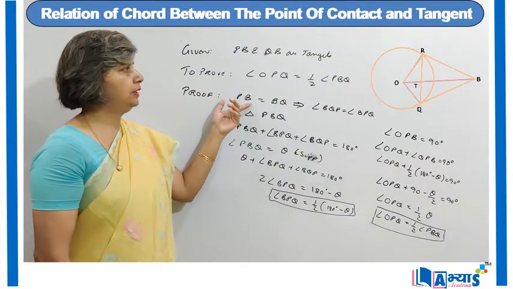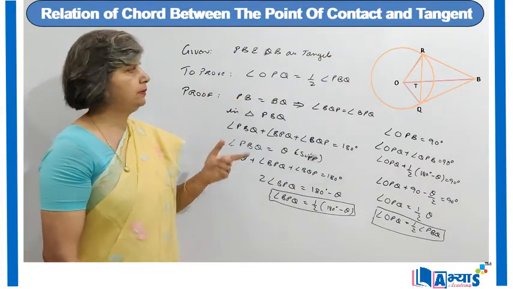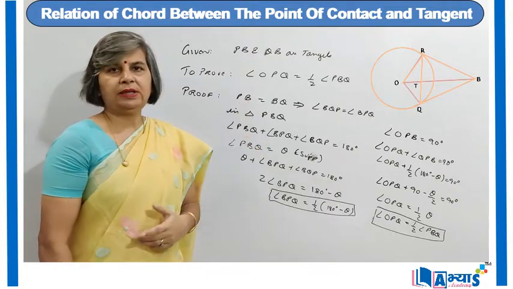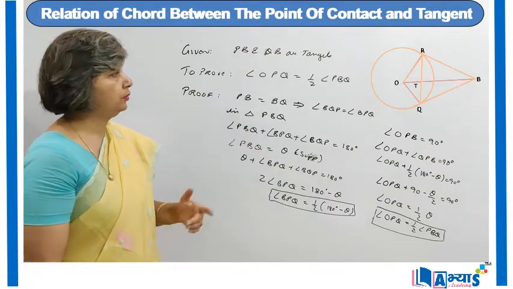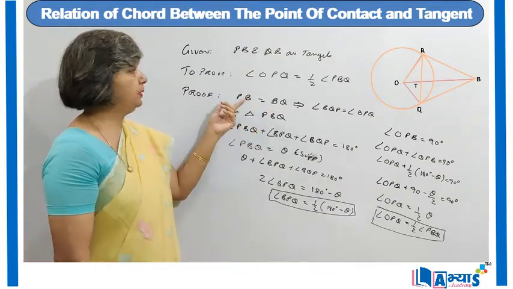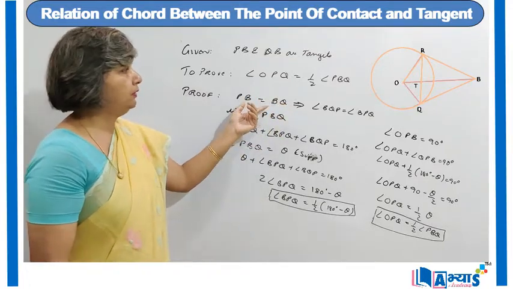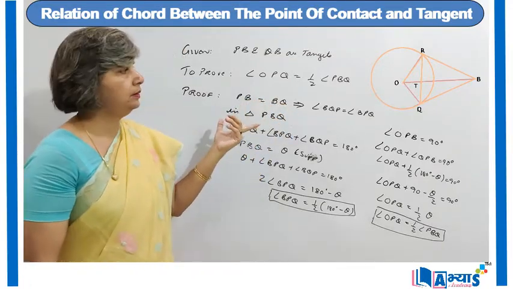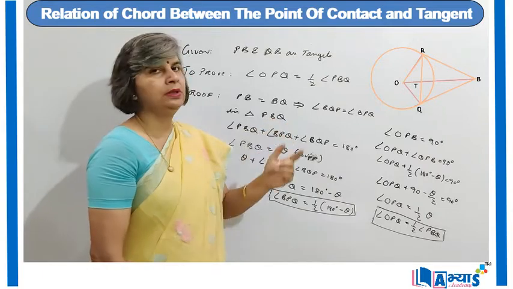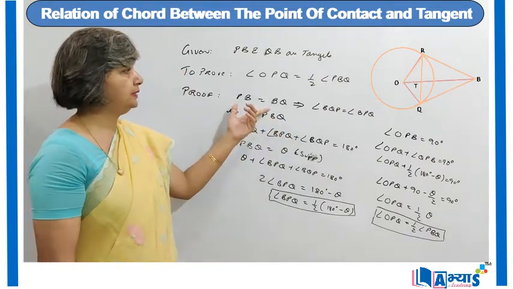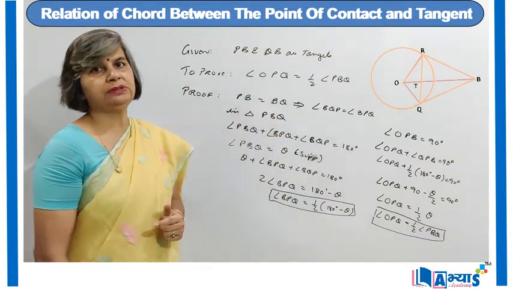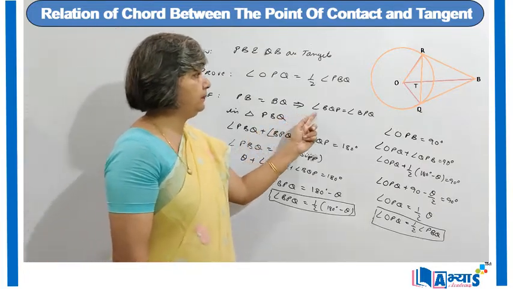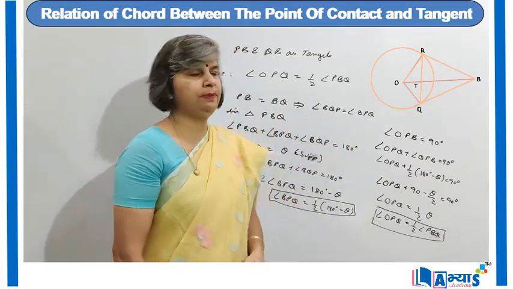So what we have done, first we have taken the concept that from an external point, if two tangents are drawn to the circle, they are of equal length, so PB will be equal to BQ. And if the two are of equal length, then in triangle PBQ, the angles opposite to equal sides are also equal. So angle BQP is equal to BPQ.